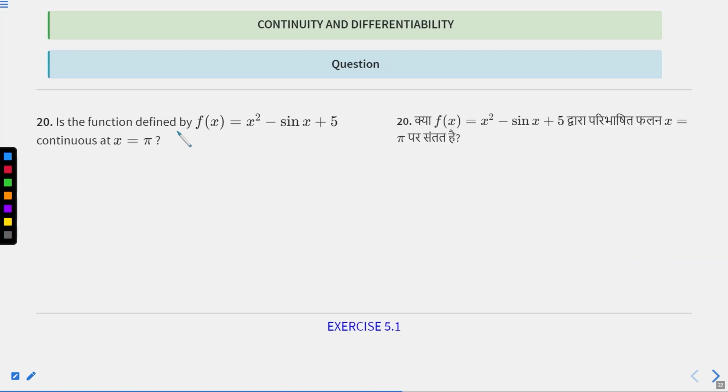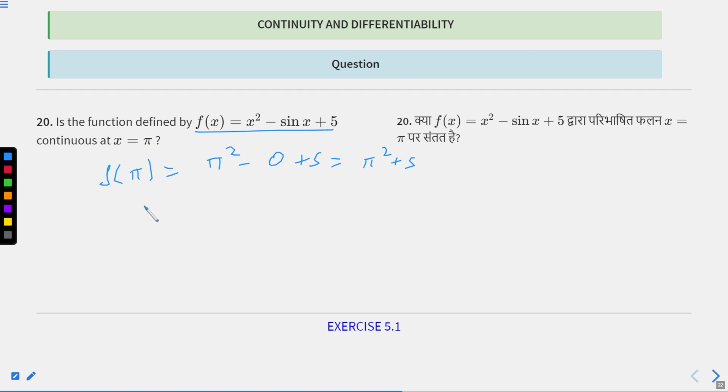Now this problem: is this given function continuous at pi? Let's check. The actual value at pi will be pi square minus sine pi, which is 0, plus 5, which is pi square plus 5.